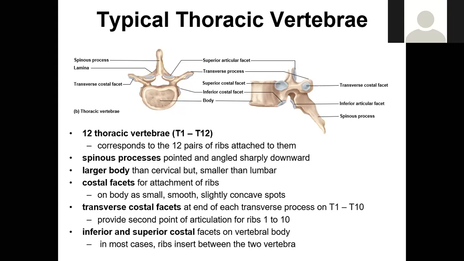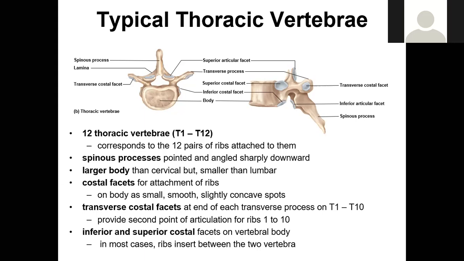The spinous process of the thoracic vertebra is very prominent. It's pointed, it's angled downwards, and it is long. All right, it is definitely different than the spinous processes of the cervical and the lumbar area.